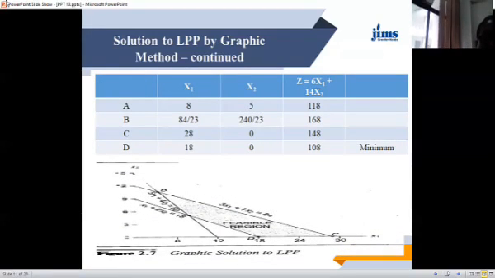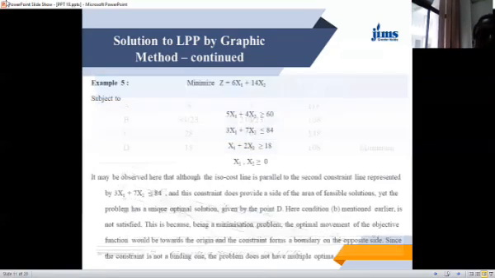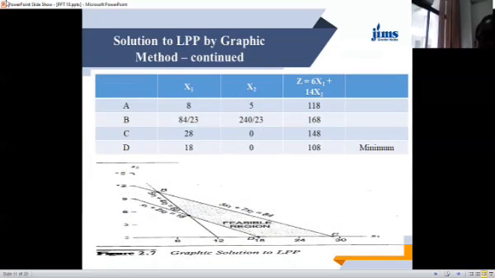So one condition is above one line, another is below this line, and the third condition is x1 plus 2x2 is greater than or equal to 18. We draw the line here, and the solution will exist on the upper half of this line.